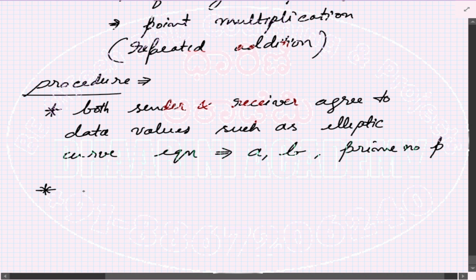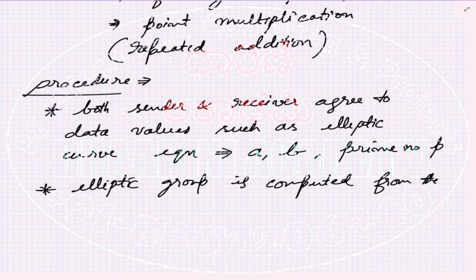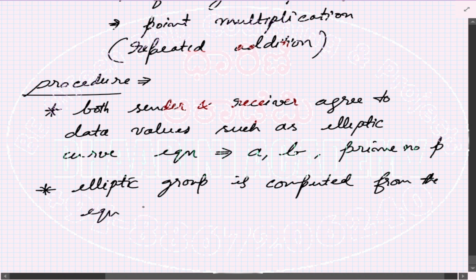So that's step number 2. This is the elliptic group, which is computed from the equation of the elliptic curve.